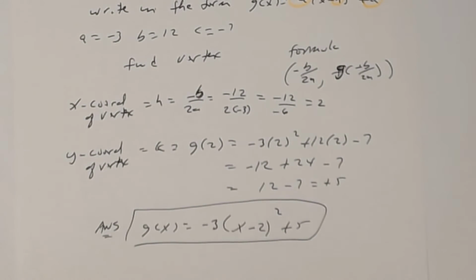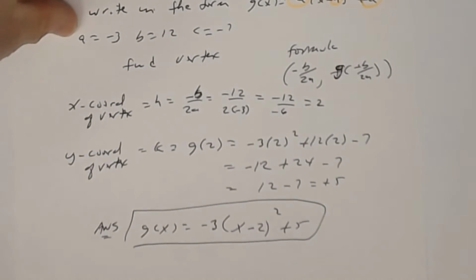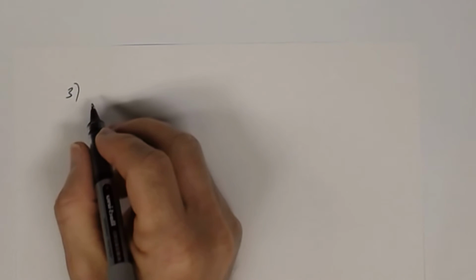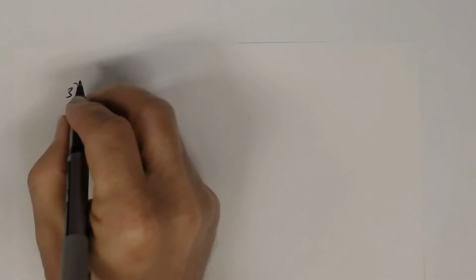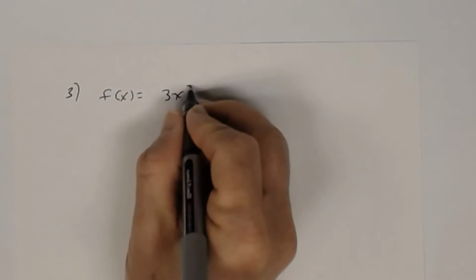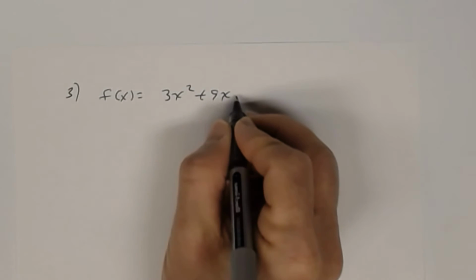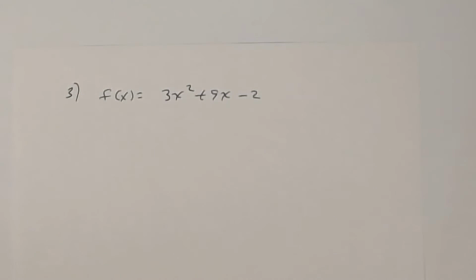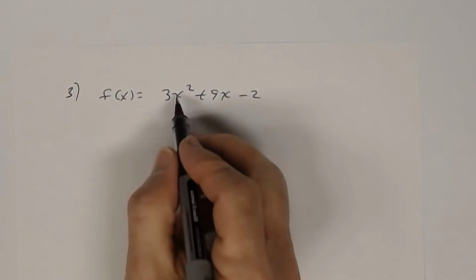All right, let's do one more, number 3. So number 3, let's say we had f of x equal 3x squared plus 9x minus 2. All right, so a is 3.